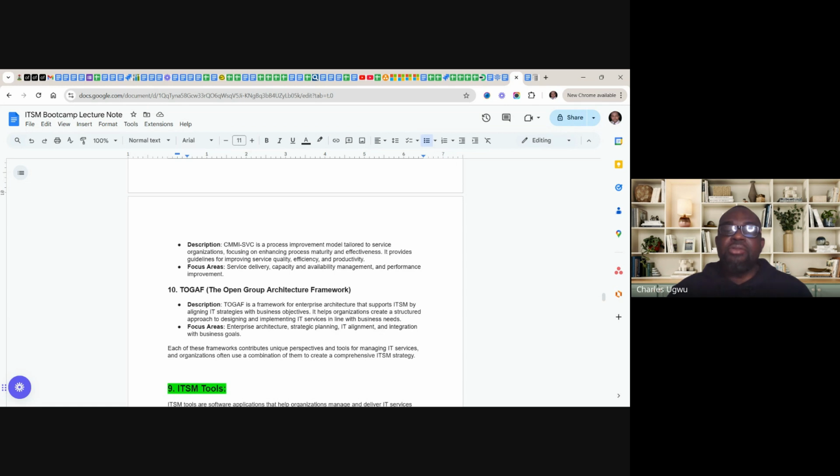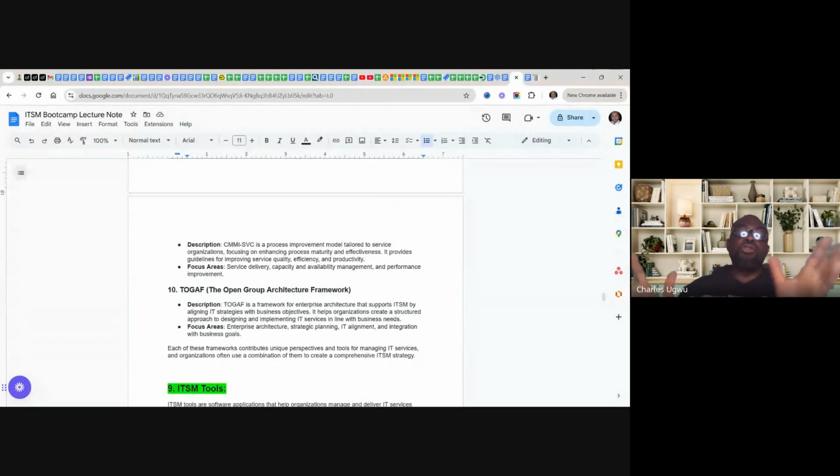It helps organizations create a structured approach for designing and implementing IT services in line with business need. It focuses on enterprise architecture, strategic planning, IT alignment, and integration with business goals.